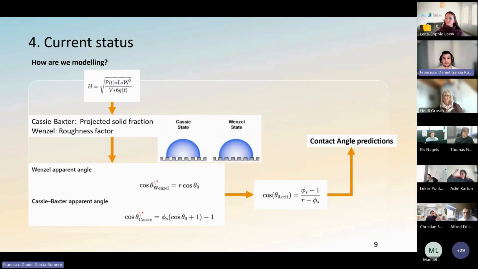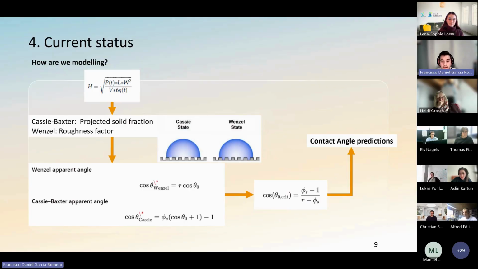Also, for contact angle prediction, this continues because the height that is predicted by the tool affects the final contact angle that we obtain for the polymer, for the embossing part of it. So we are using the classical Cassie-Baxter and Wenzel equations that account for these measurements of contact angles.